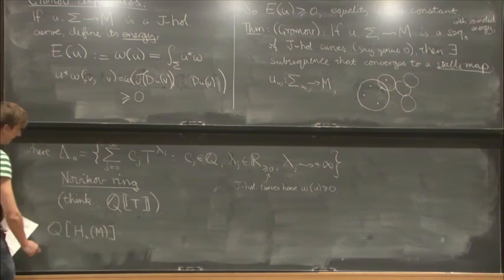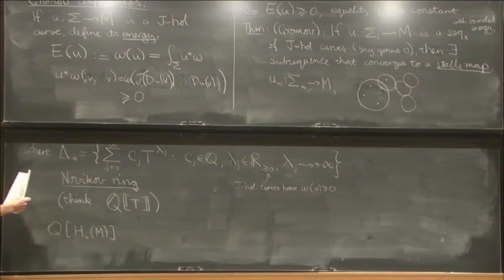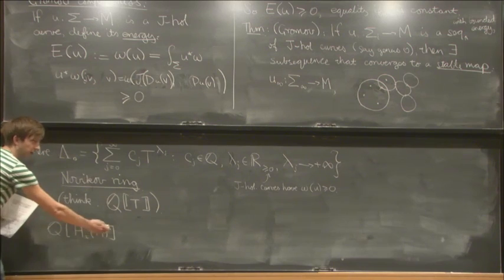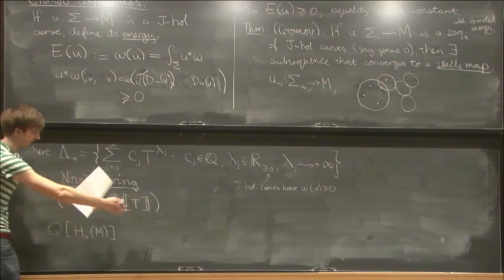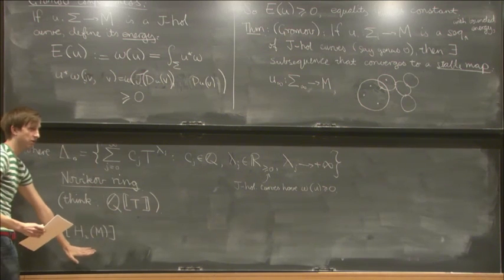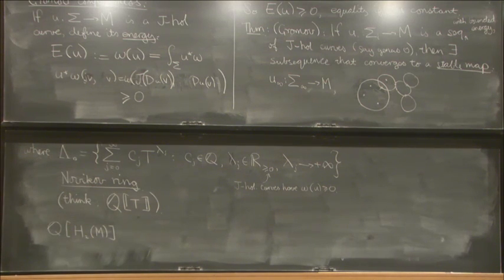And then you need to take some completion of this to allow infinite sums where the energy is growing arbitrarily. But you can define versions like this that keep track of the homology class of the curves that you're counting better.